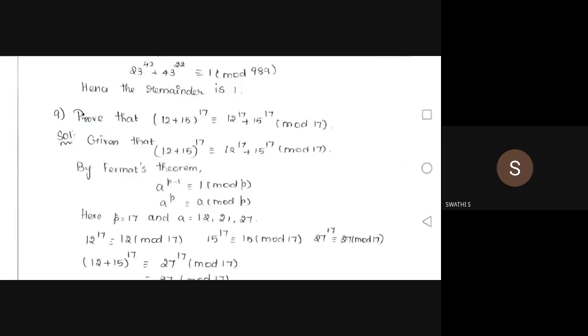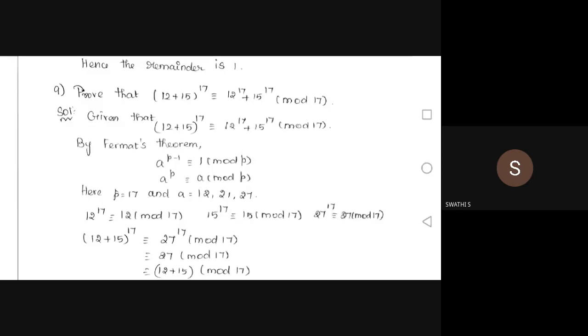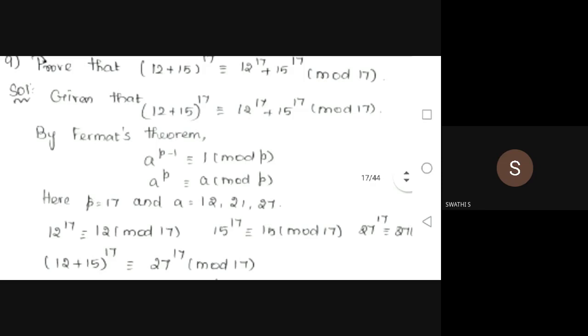So given that, by using Fermat's little theorem, if P does not divide A, we can write A to the power P minus 1 is congruent to 1 mod P. Another form of Fermat's little theorem is A power P is congruent to A mod P. Simply multiplying both sides by A, you get A into A power P minus 1, that is A power P, is congruent to A into 1, that is A. So A power P is congruent to A mod P.